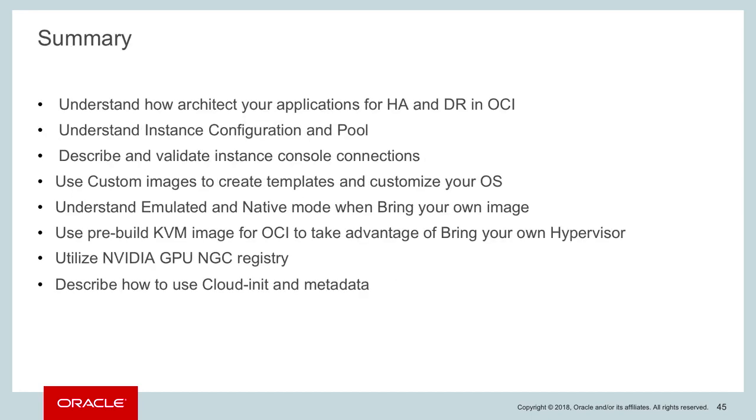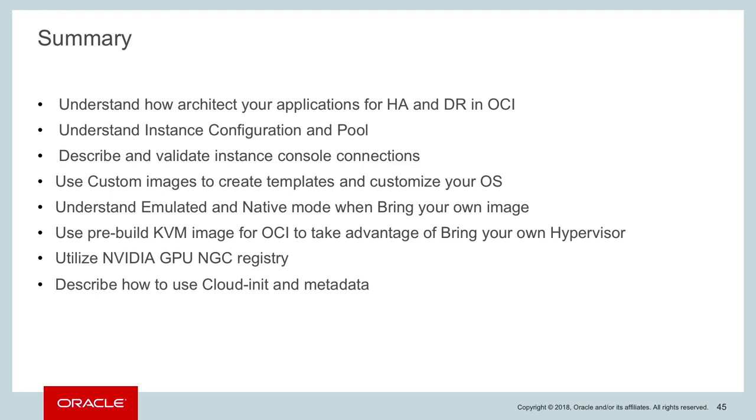All right. So in summary, we went over how you can architect your applications for HA and DR in OCI. We talked about instance configuration and pools. We went over instance console connections and how you can troubleshoot your malfunctioning instances. We covered using custom images to create templates and customize your operating system.